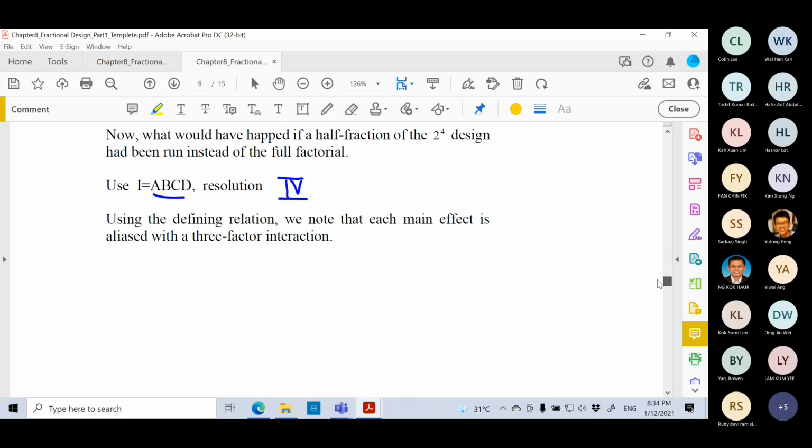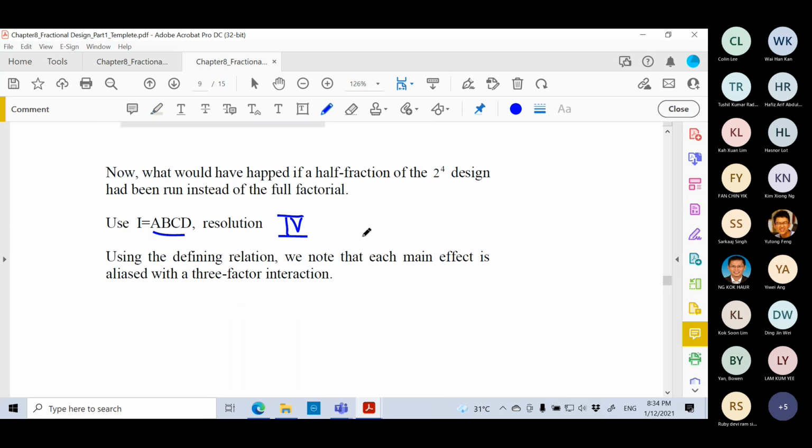We go back to the same example here. We need to write down the alias structure. We can use I equal to ABCD.